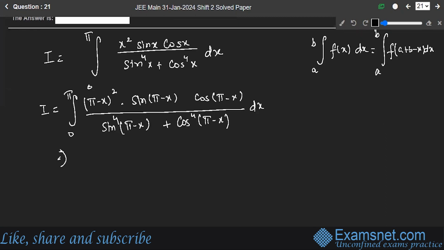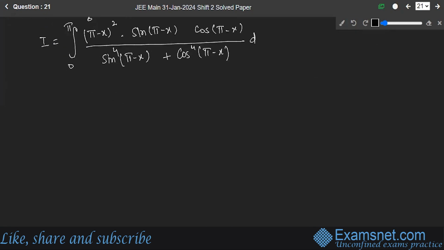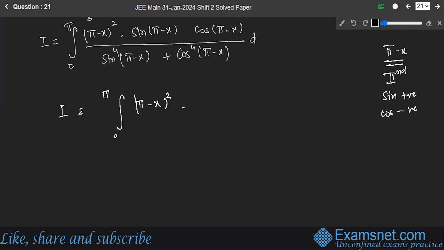So this is equal to this. I is equal to limit 0 to pi, and here will be this. I'm not touching, let it be like this only. All right, sine pi minus x will be sine x, because pi minus x lies in the second quadrant, and in the second quadrant sine is positive, cos is negative.